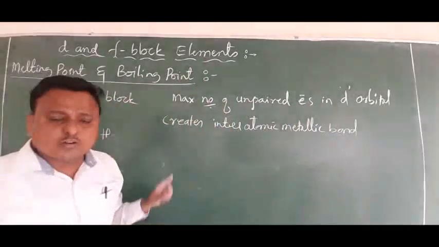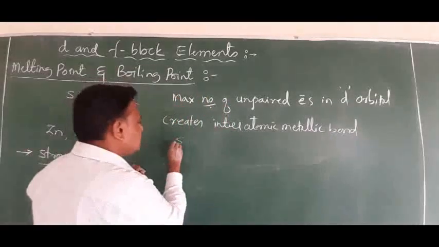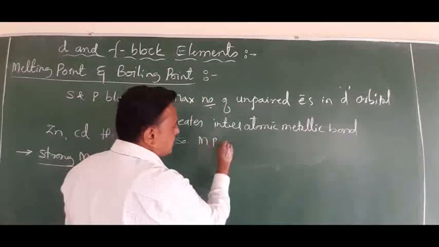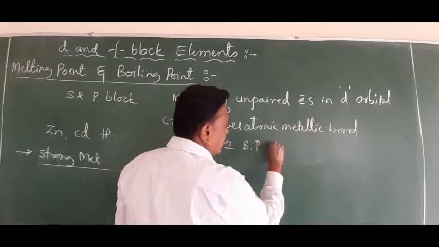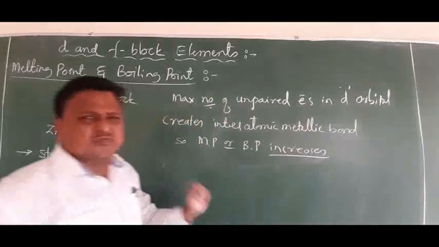Because of the maximum number of unpaired electrons in the d orbital, they can create interatomic metallic bond. So the melting point and boiling point increase. This is very important.